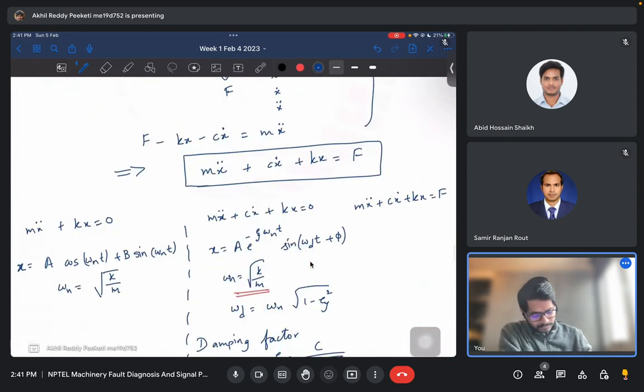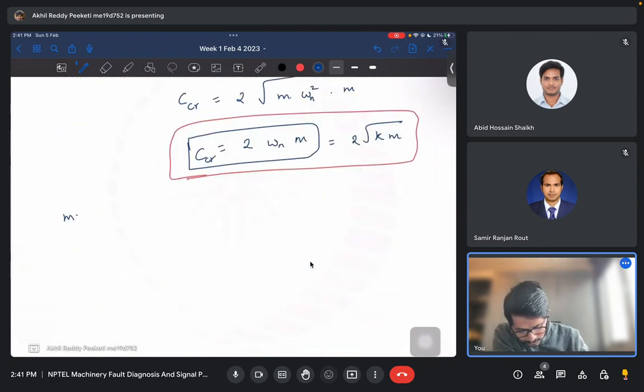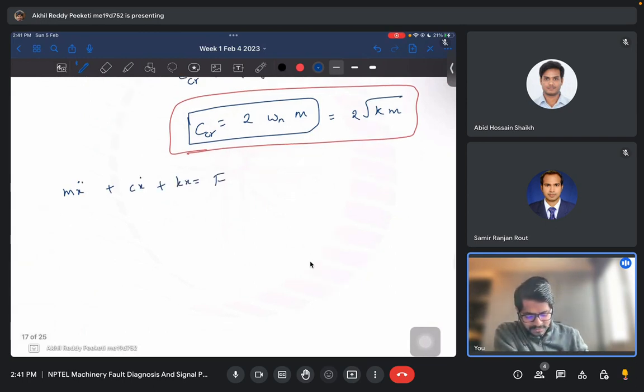Now let's look at the case with m x double dot plus c x dot plus k x is equal to f. So for this case, let's say f is some f naught cos omega f t.